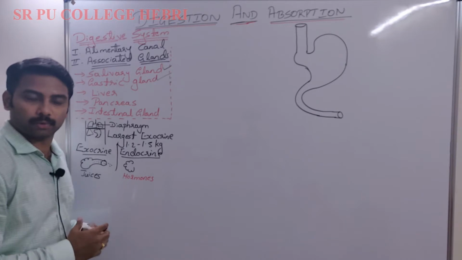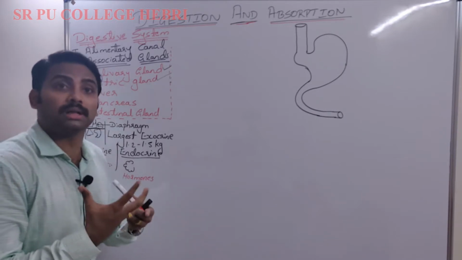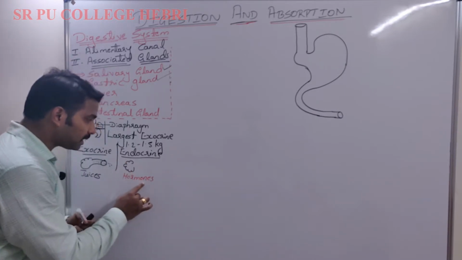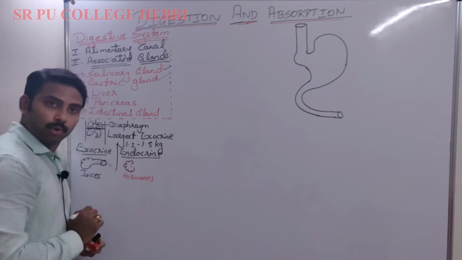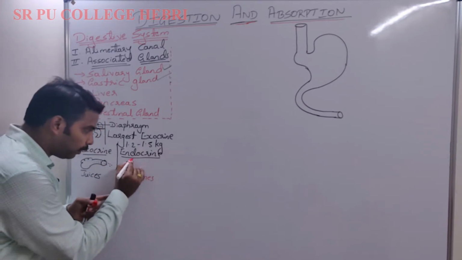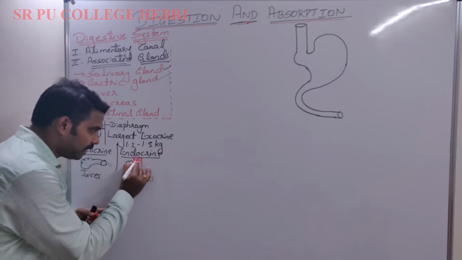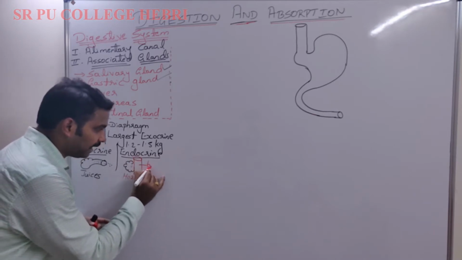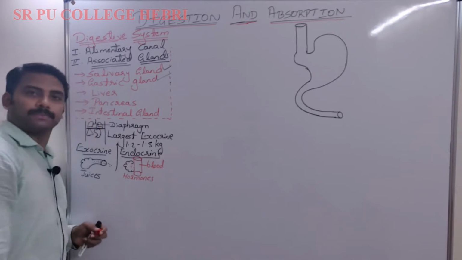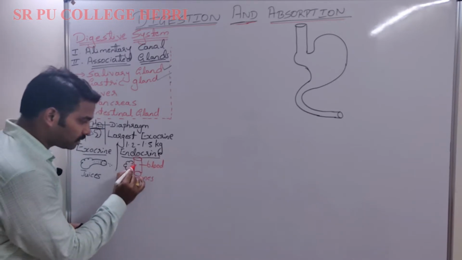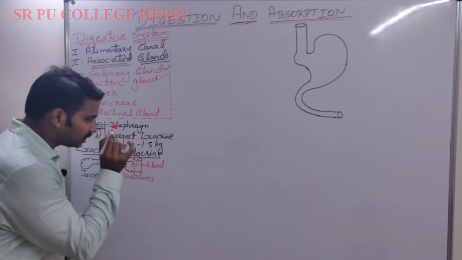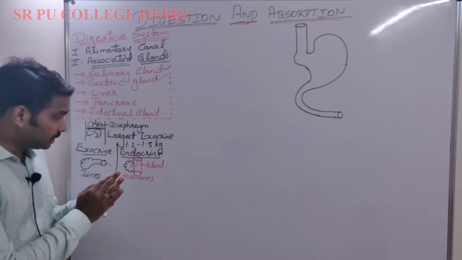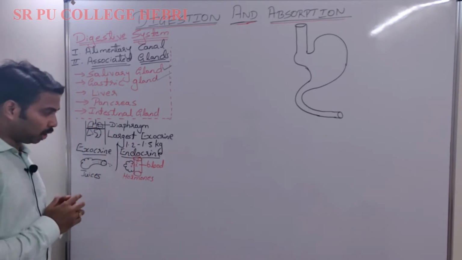So hormones are produced by whom? Endocrine gland. As they don't have duct, the hormones are directly released to what? Blood. Hormones are released to blood. Through blood they reach their target site. This is very important basic concept.